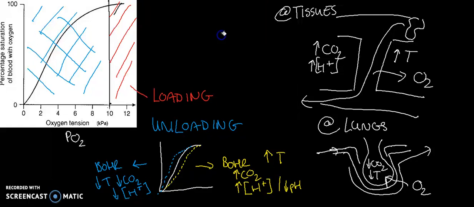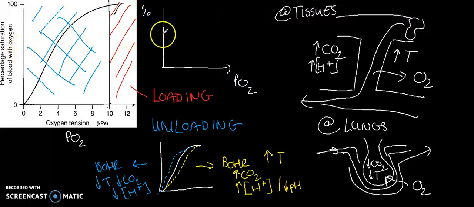I'll fill this back in. Is to actually redraw the curve. So we've got our axes like this. And we've still got percent saturation, and we've still got PO2 over here.